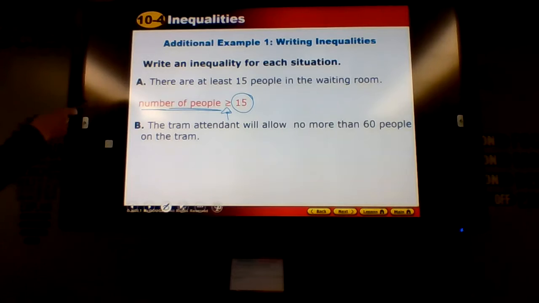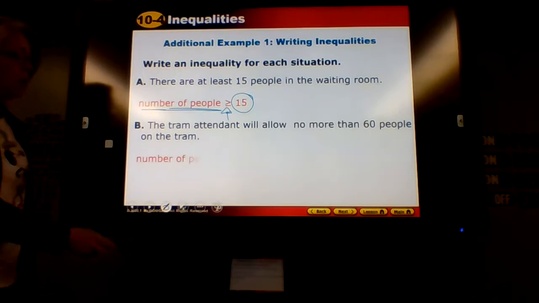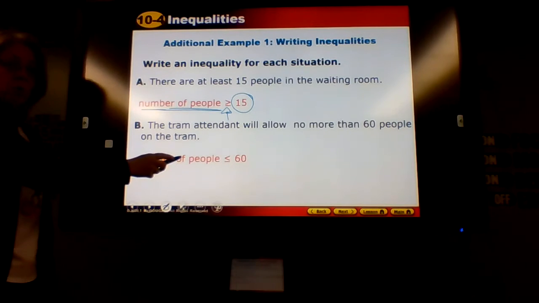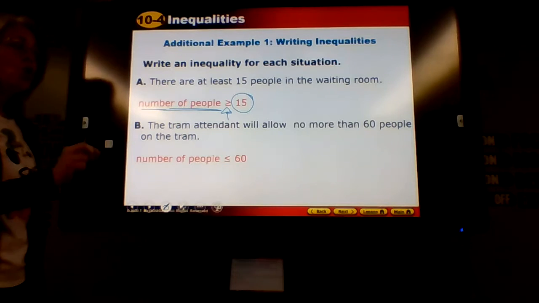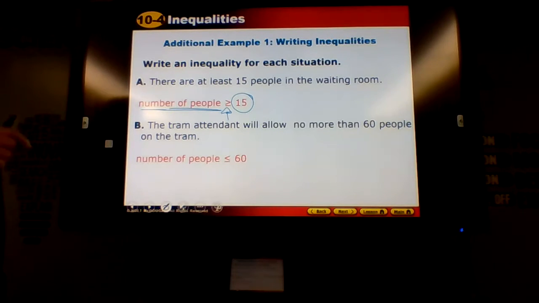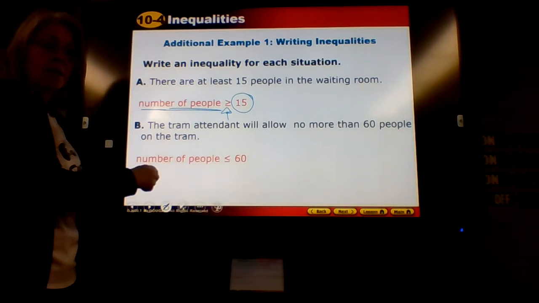Okay? The tram attendant will allow no more than 60 people on the tram. So the number of people has to be less than or equal to 60. No more than 60. Could it be 61? Nope. Could it be 59? Yes.